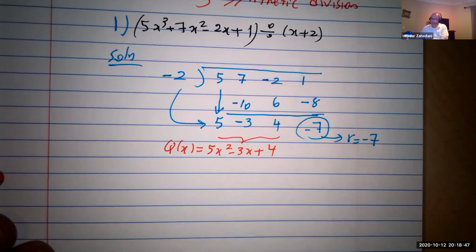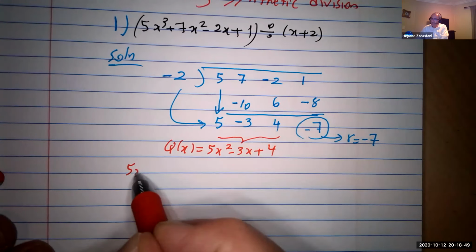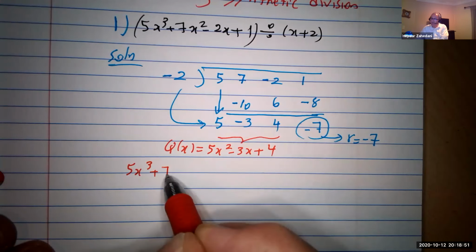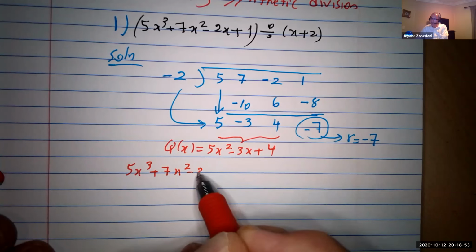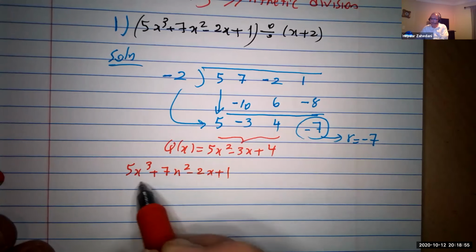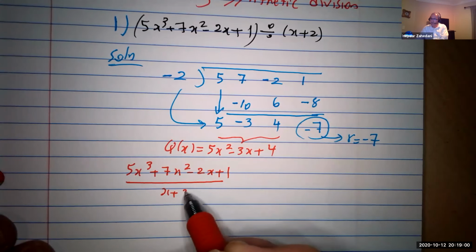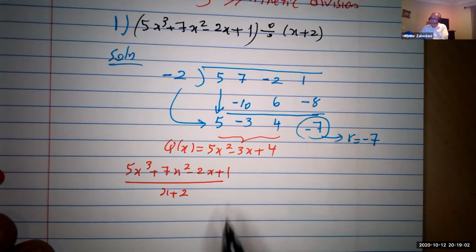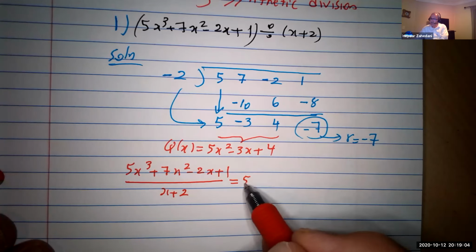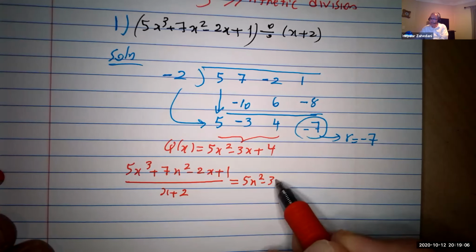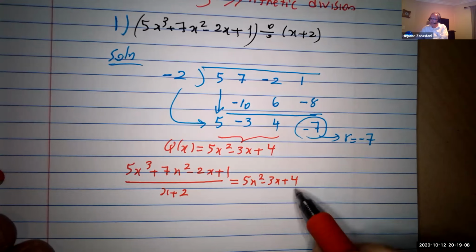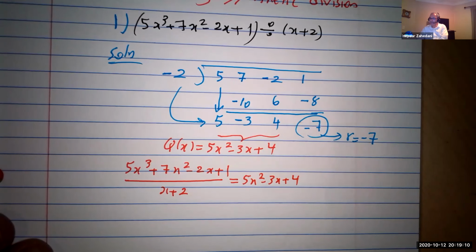You have to rewrite it for us. So 5x cubed plus 7x squared minus 2x plus 1 divided by x plus 2, we get a quotient of 5x squared minus 3x plus 4. But there is a leftover.